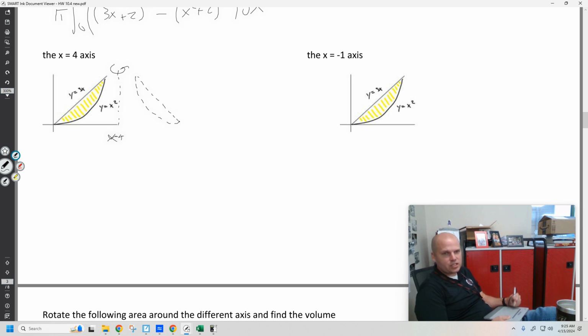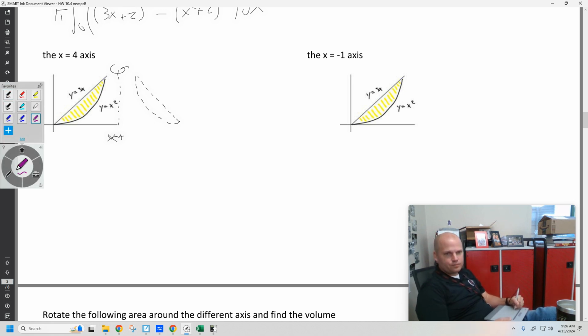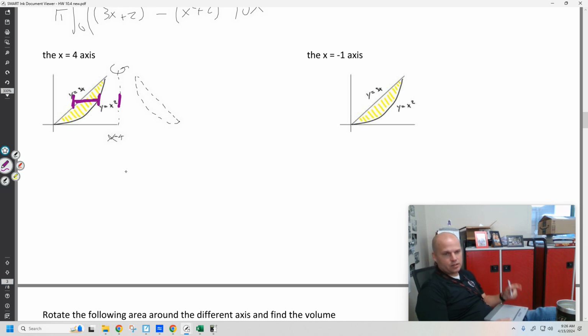You got to draw this. You have to either, after doing it a bunch of times, draw your horizontal rectangle being spun around this axis, creating outer radii and inner radii.